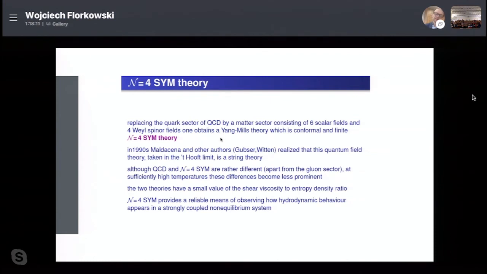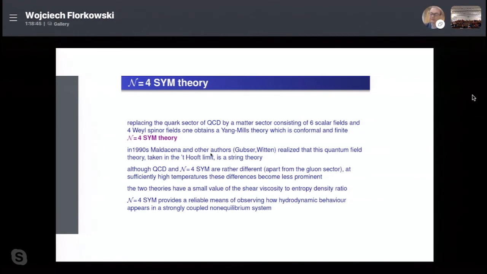When the coupling of the field theory is very strong, the string theory becomes well described by gravity, which is weakly coupled. So the AdS/CFT correspondence allows us to find solutions in the strongly interacting field theory from solutions of the general theory of relativity.